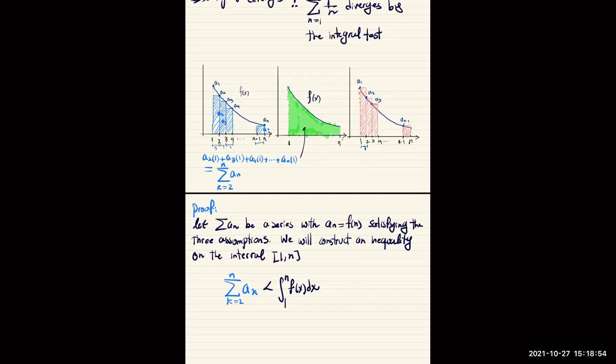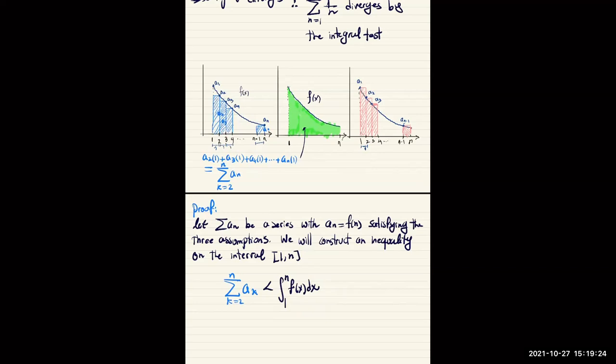And I am trying to find bounds for our partial sum, for our integral, by just looking at these pictures. So we said the integral from 1 to n, which is the area under this curve, is larger than the sum of the area of these rectangles.